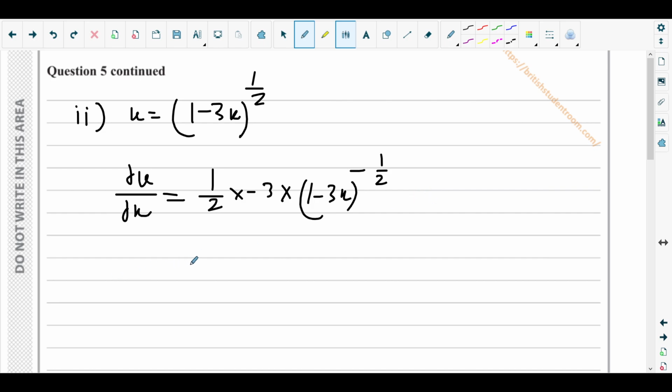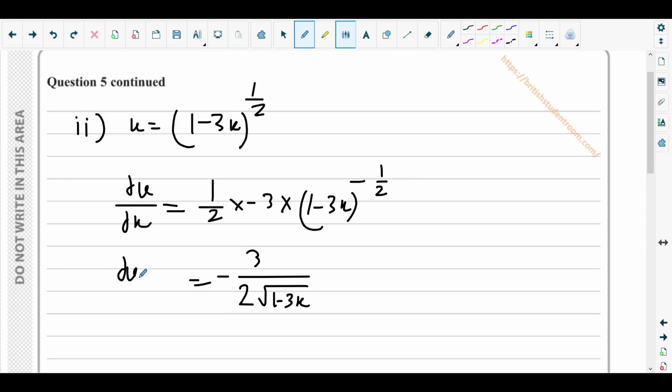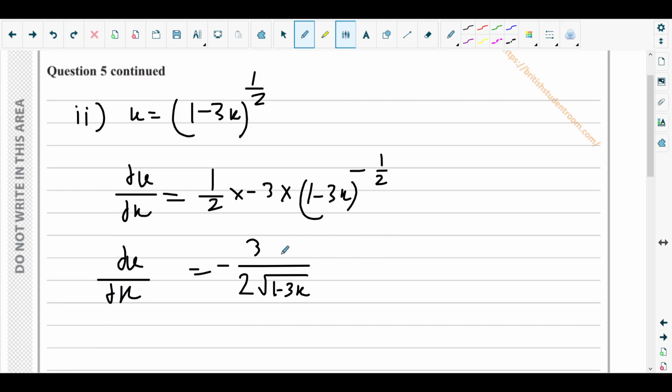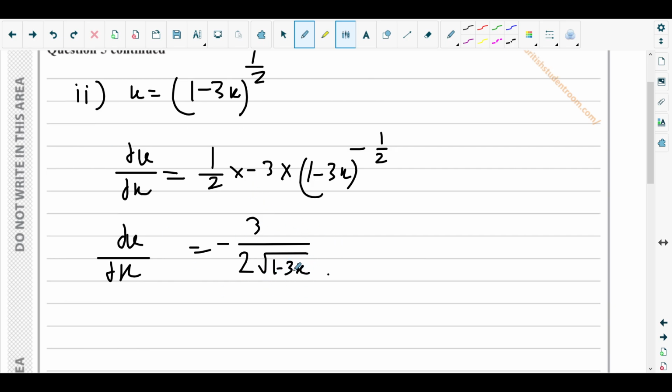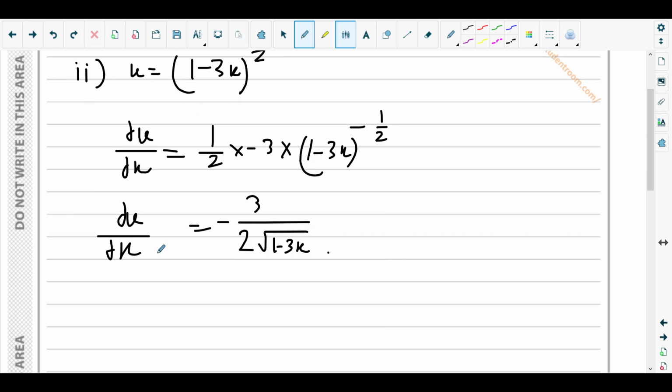Exactly, so the derivative is negative 3 over 2 square root of 1 minus 3x. That is du over dx. You have 1 minus 3x there, which is basically u. So we got du over dx in terms of u.